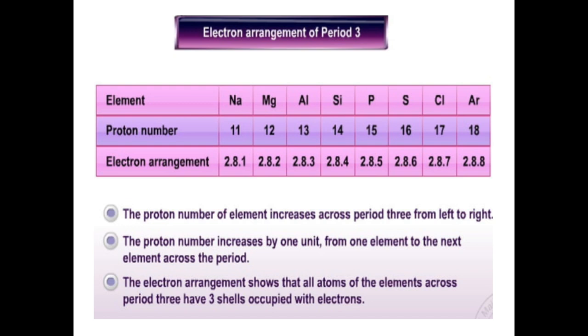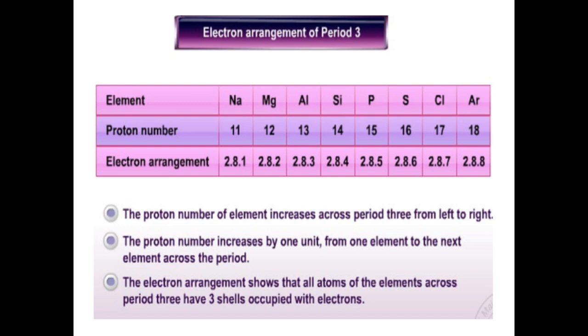And then another thing you should note is that the proton number increases by 1 unit from one element to the next. And then the electron arrangement shows that all atoms of the elements across period 3 have 3 shells. Very important, all elements have 3 shells.